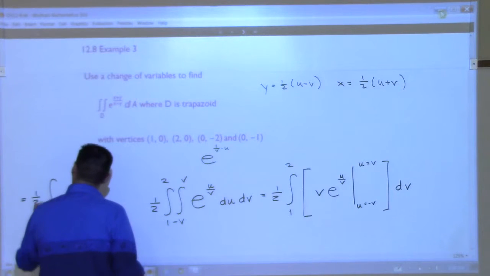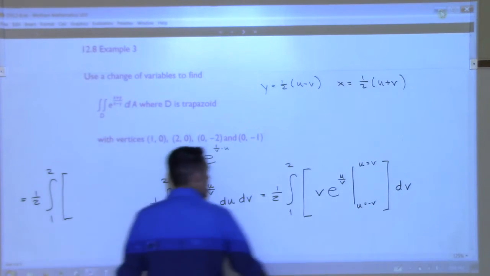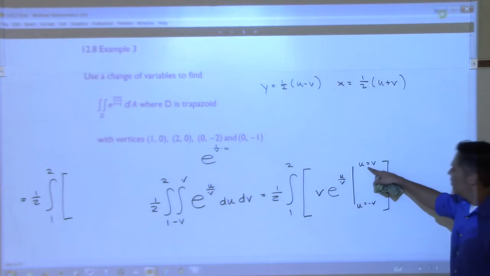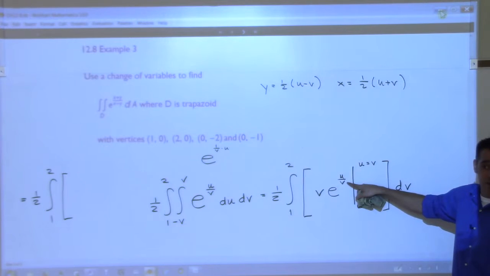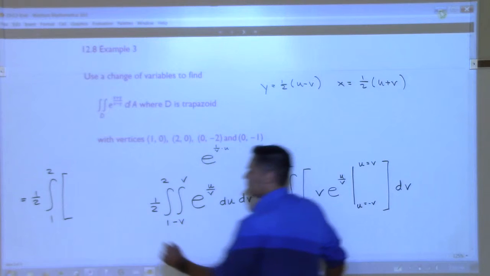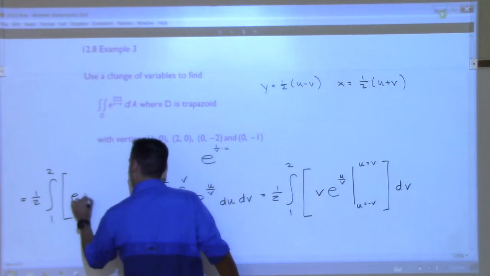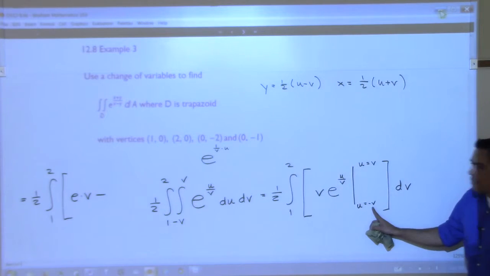1/2 integral 1 to 2. All right, let's go ahead and plug some stuff in. So what happens when u is v? Well, that's actually pretty nice, right? That's just going to become 1, and e to the 1 is just e. So that becomes e times v, ev. And then minus, now let's plug in negative v.